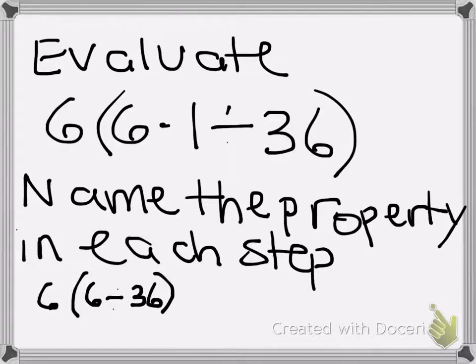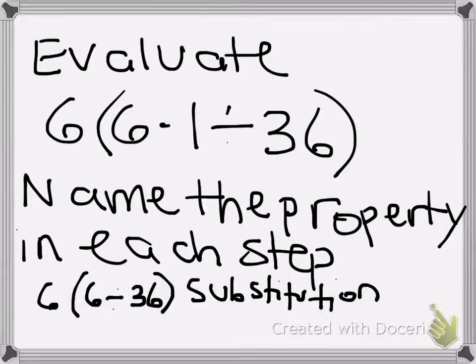okay, what I first did, all I've done so far is substituted, so it's the substitution property. But then I need to look at what 6 divided by 36 can be written as, and you can write that as a fraction. So, and you simplify the fraction.